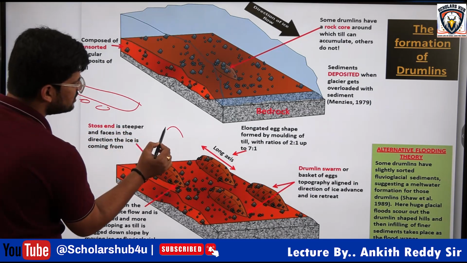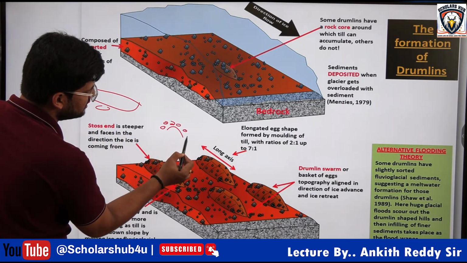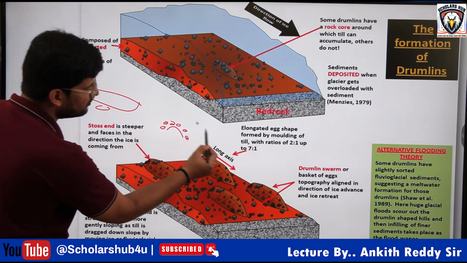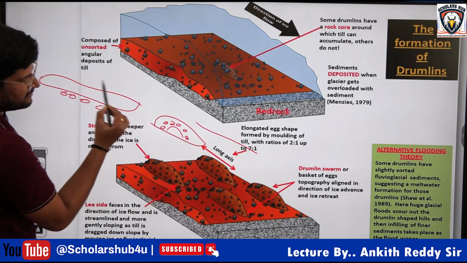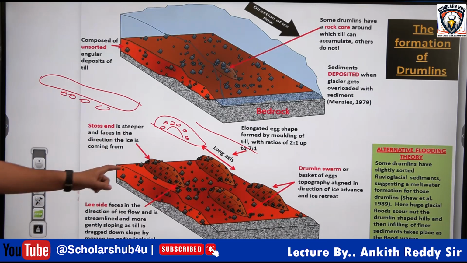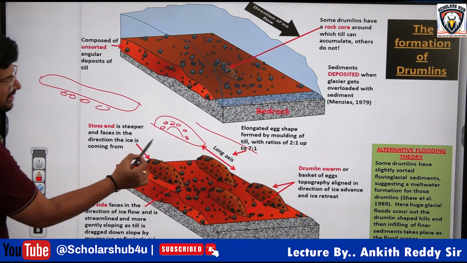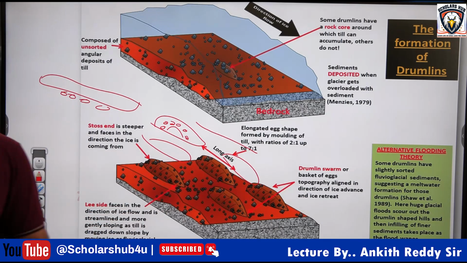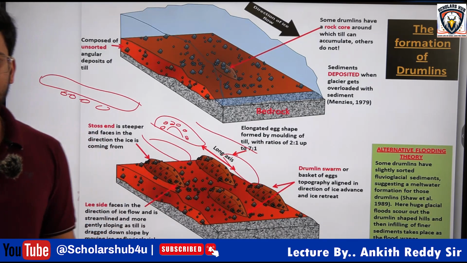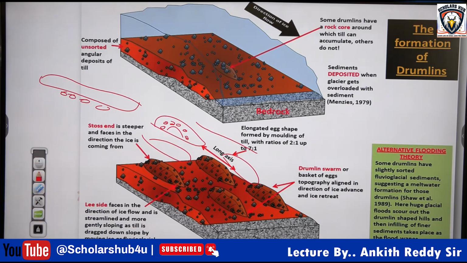When the glacier moves, all the sediments are deposited here and the glacier moves on from this area. Now it looks like an egg basket structure. This is called egg basket topography. So what are drumlins? Drumlins are egg basket topography. How are they formed? By the deposition of glaciers. Clear?